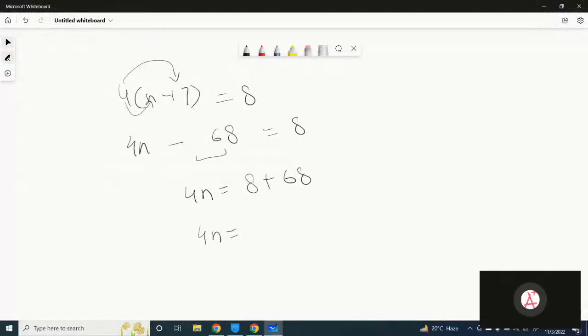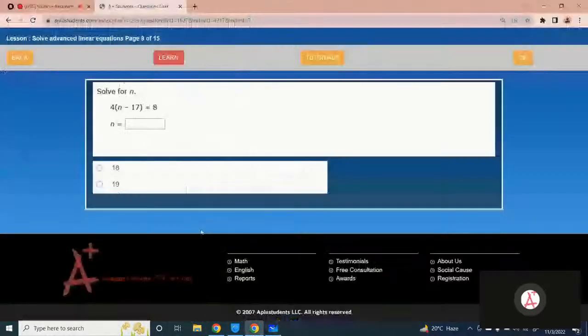And 76 divided by 4 is, divide both sides by 4, so it would be n equals 4 times 1 is 4 and 4 times 9 is, it would be 19. Got it? So the value of n is 19. Just select the correct option and click on the OK button.